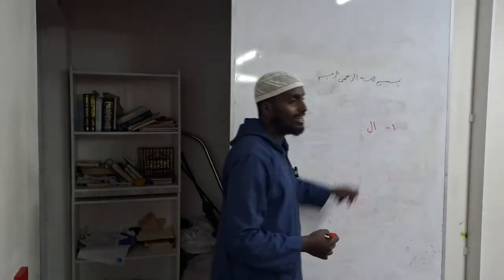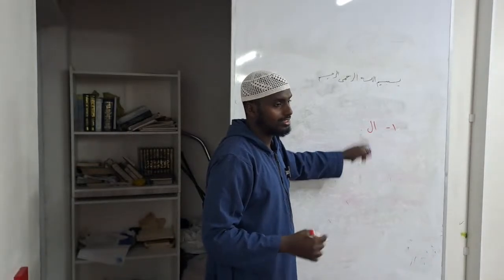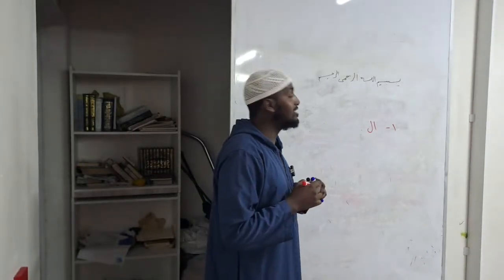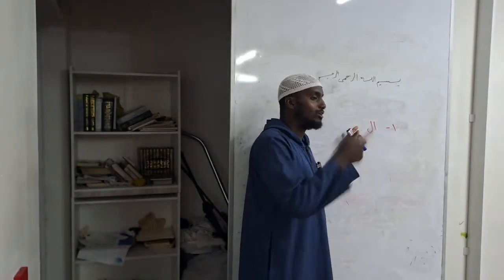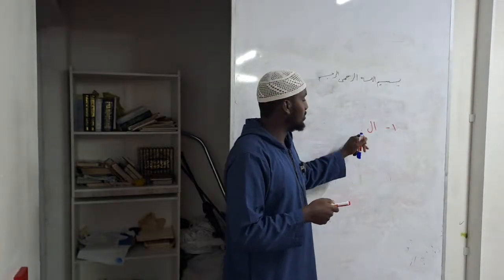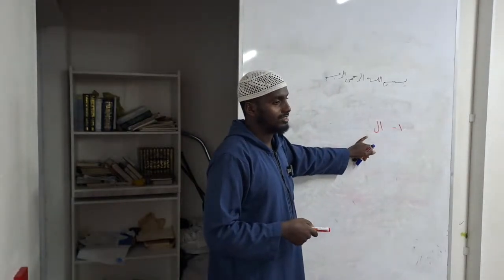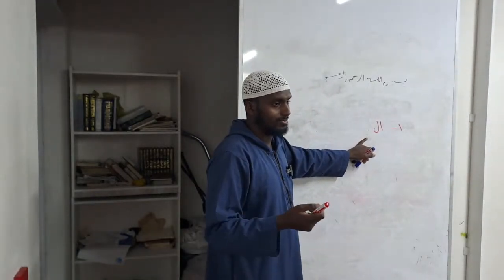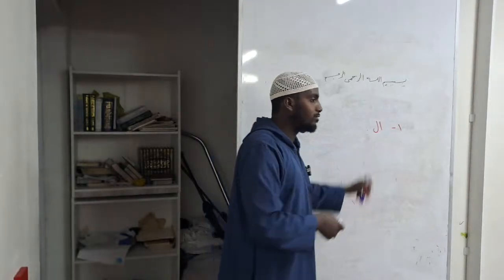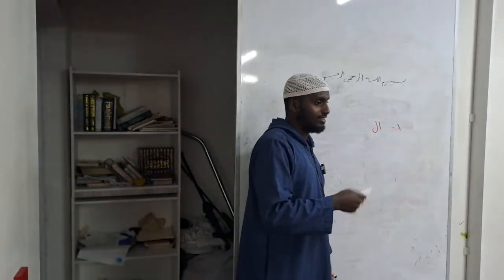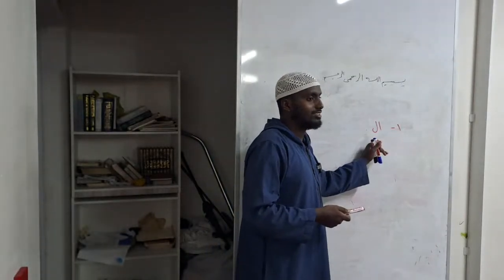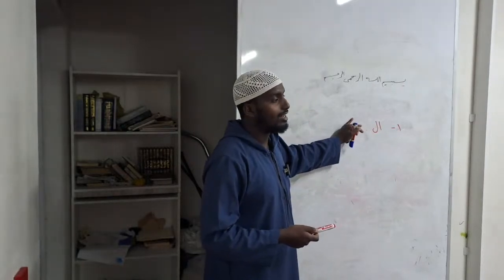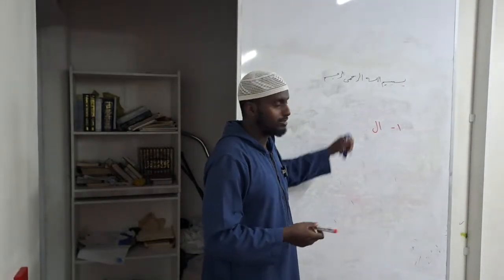Whenever you see a word that can accept al, it is an ism. Not all isms can accept al, but when it has al, you know it's an ism. So for example, if I say alhamdu, you know the word hamd is an ism. I saw a qalamun, can I say al-qalamu? Yes, it's possible. So because it can accept the al, it is an ism.